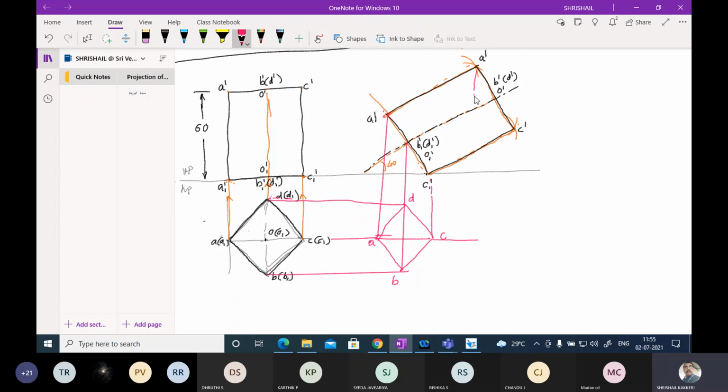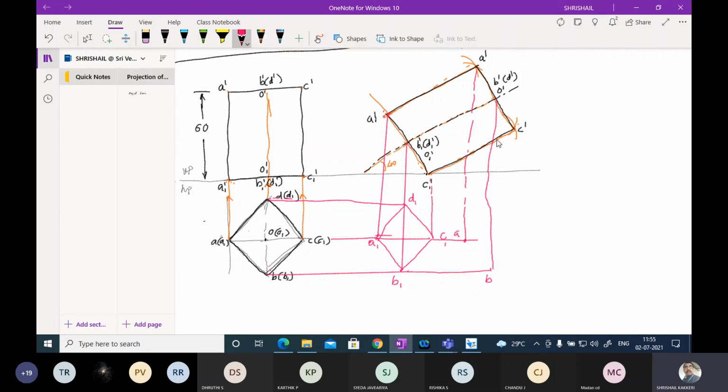A from A. This is point A. And from B, this is point B. And please remember, this will become A1, B1, C1 and D1.